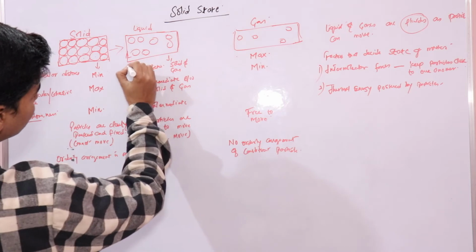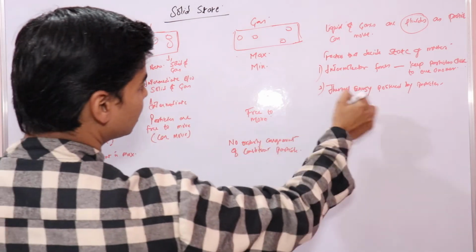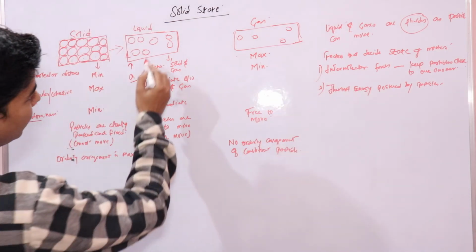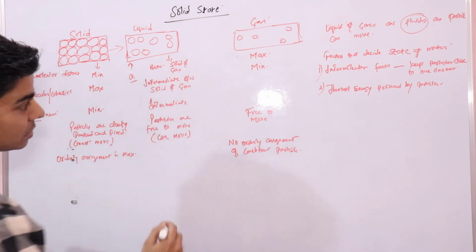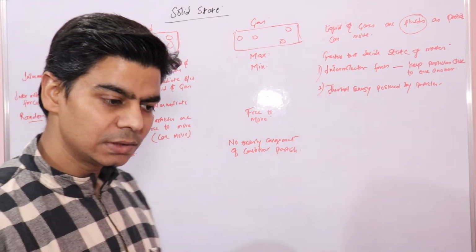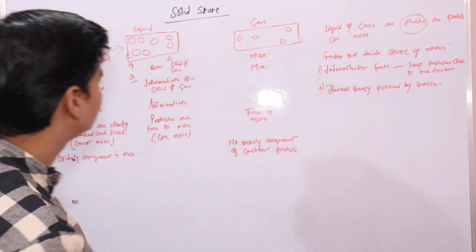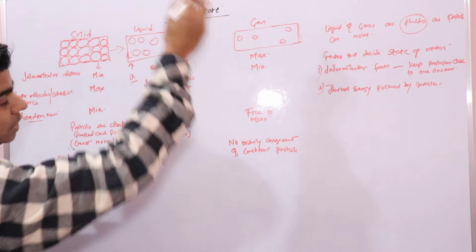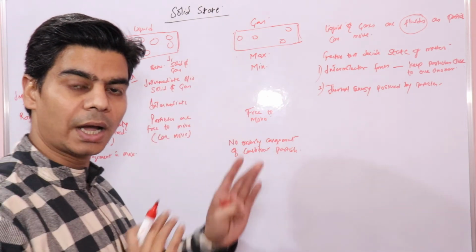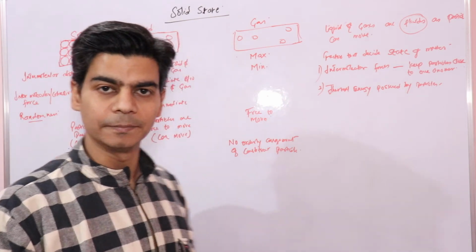And when you heat the liquid, that is, you increase the thermal energy of the liquid, here also, since thermal energy will decrease the orderly arrangement or increase the randomness, these particles will start moving randomly in all directions with high kinetic energy or with high speed, right?